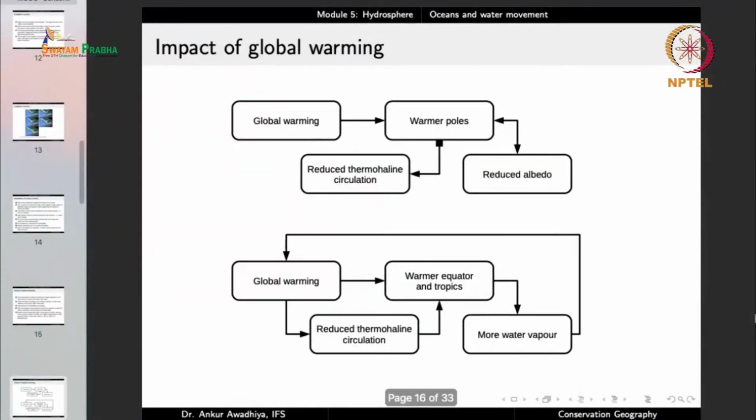So essentially what happens is that because of global warming, we will have warmer poles. Warmer poles will result in reduced thermohaline circulation, that is weakening of the thermohaline circulation, and warmer poles will also result in the melting of ice caps, which would reduce the albedo.